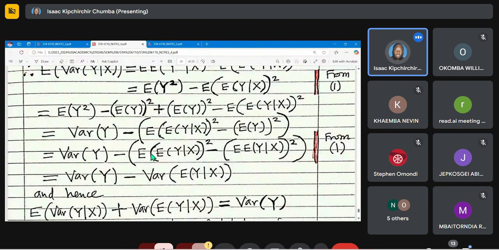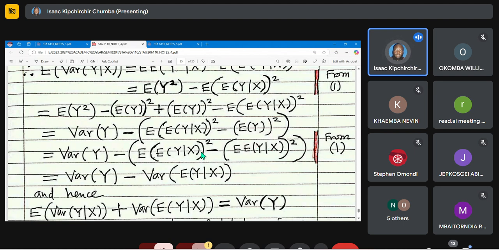That's why we are saying expected of the square of the random variable minus the square of the mean of the random variable. See, that's the formula for variance.